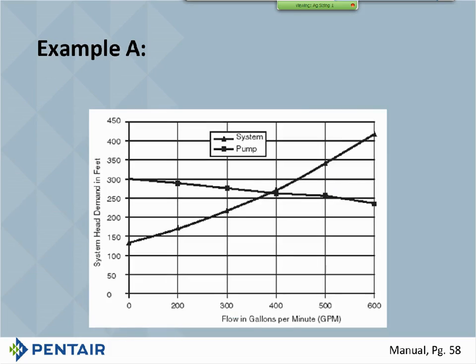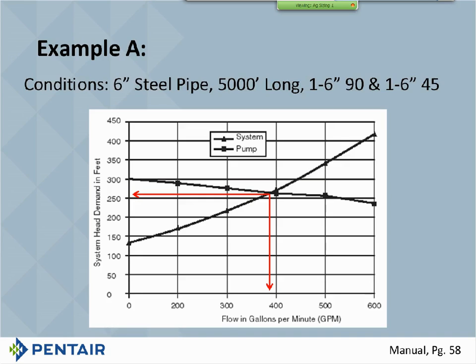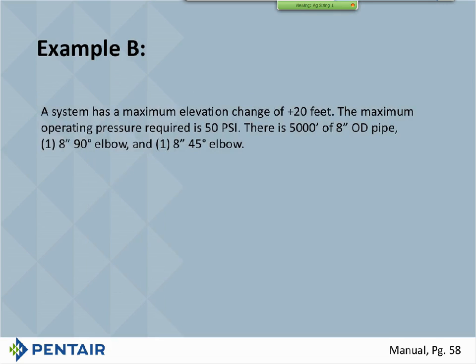If we take our pump curve and cross it, you can see that we're actually going to be running right around 390 gallons a minute at about 260 feet of head. So this pump is going to perform right there on this system head curve. All right? So the conditions here are 5,000 feet of 6-inch OD steel pipe with a 90 and a 45. That's what we're looking at, okay?